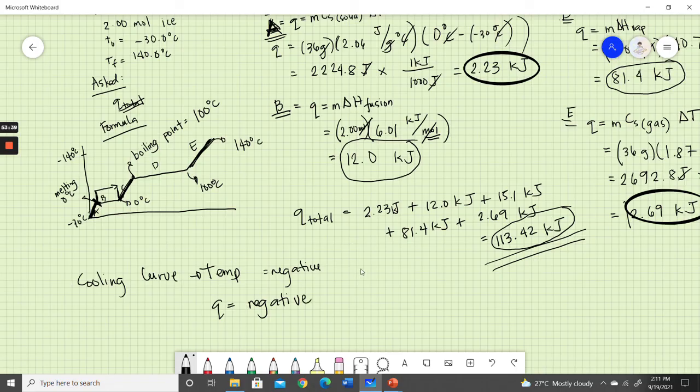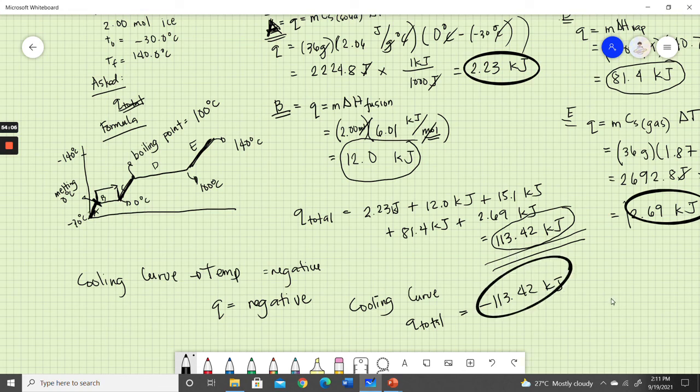So for this cooling curve, the Q total for the same substance should be equal to negative 113.42 kilojoules.